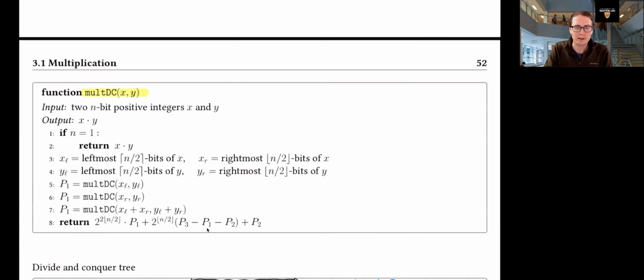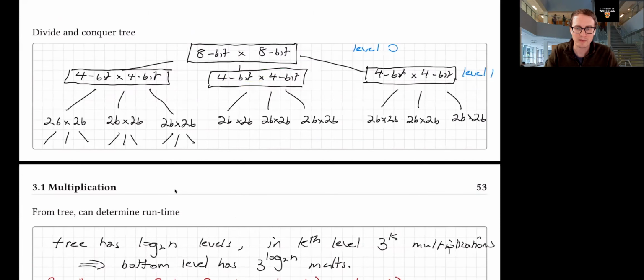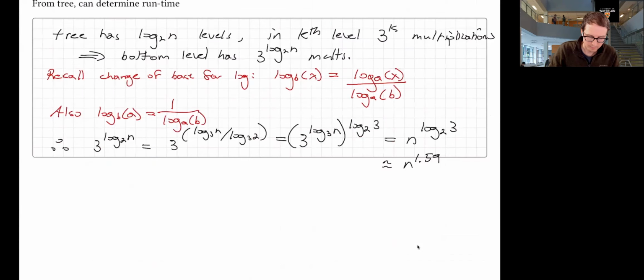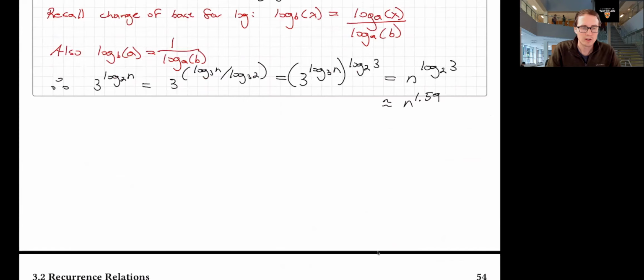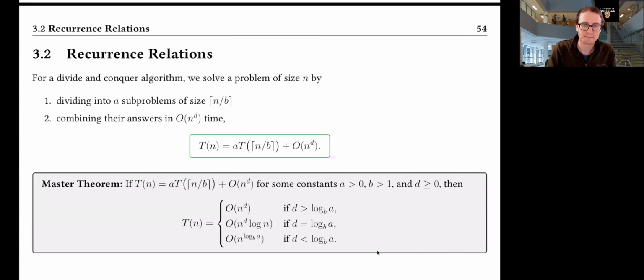We'll get ones where all the work's done at the bottom. We'll get ones where all the work is spread equally across the tree. And we'll get ones where all the work is basically done at the top. This is an example where it's all done at the bottom and we get the runtime that we had above. So let's now go over recurrence relations.